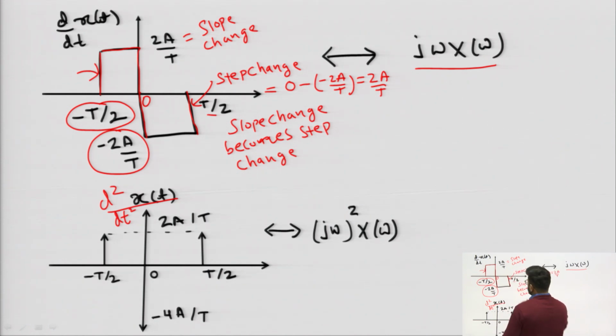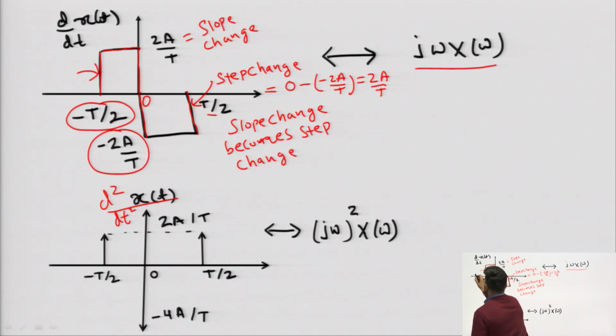Now, whenever there is a step change, it will generate an impulse at that point. For example, at minus t by 2 we have a step change, here is 0 and the value rises to 2a by t.